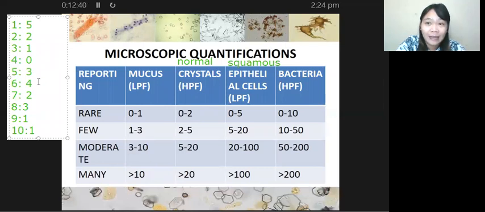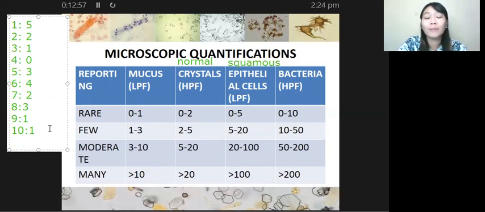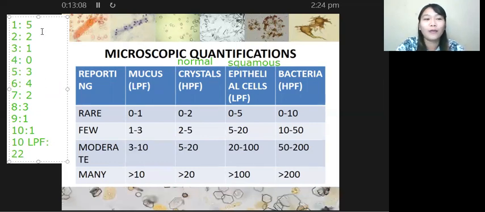Plus 4, 15, plus 2, 17, plus 3, 20, plus 1, 21, plus 1 again, 22. So the total we counted in 10 LPF is 22. Let us repeat it, because it is easy to make a mistake in math: 5, 7, 8, 11, 15, 17, 20, 21, 22.